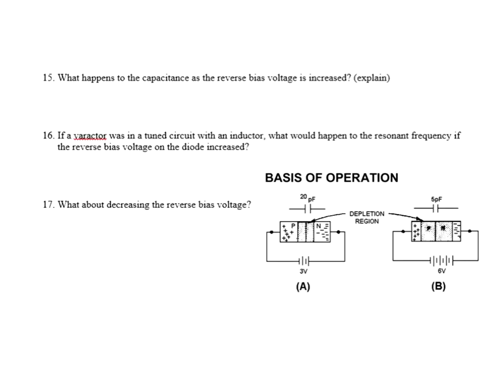Okay, so what happens to the capacitance as the reverse bias voltage is increased? If I put a higher voltage right here, look at this. That plate, a higher voltage, it's not right. This is not right.